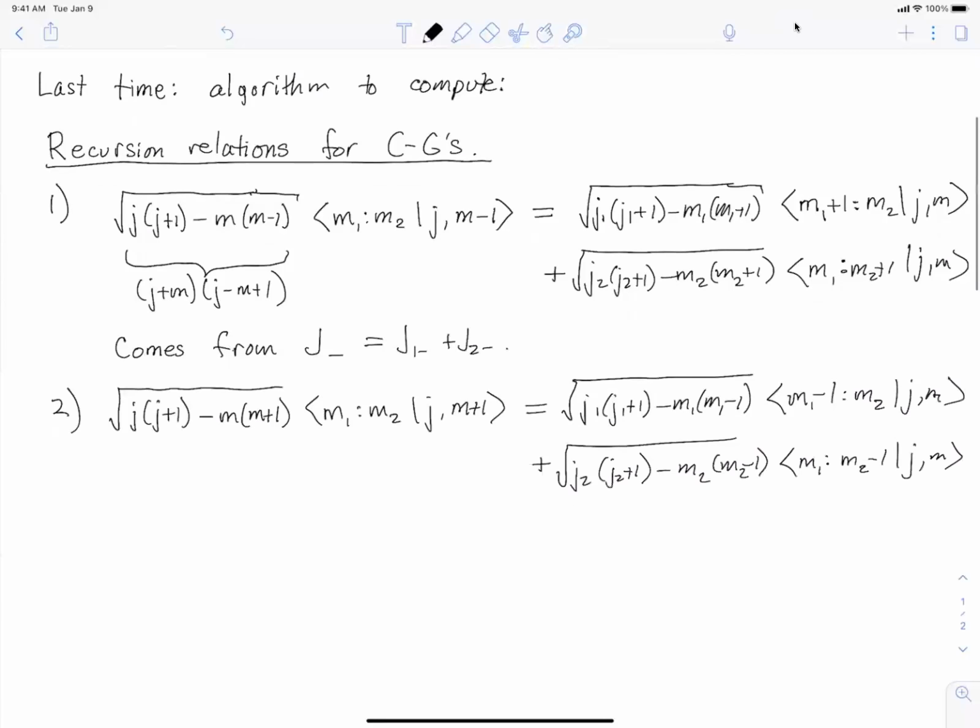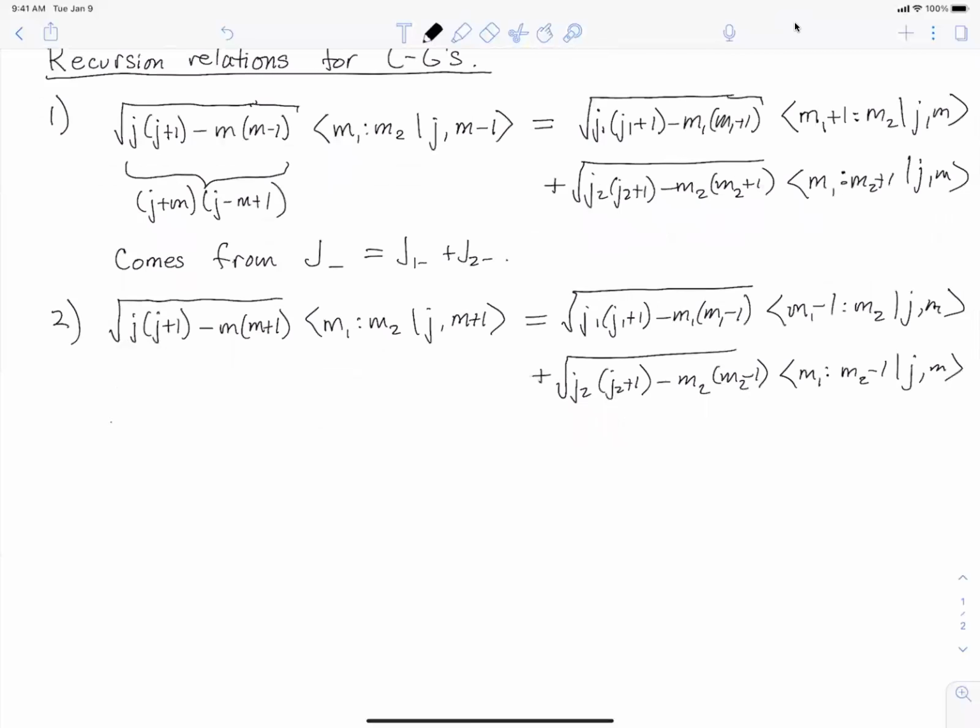This would come about from the J plus operator acting on these states. That gives you an identity, which you can rewrite in terms of these recursion relations. So these recursion relations just involve the Clebsch-Gordan coefficients and these horrible, ugly square roots.